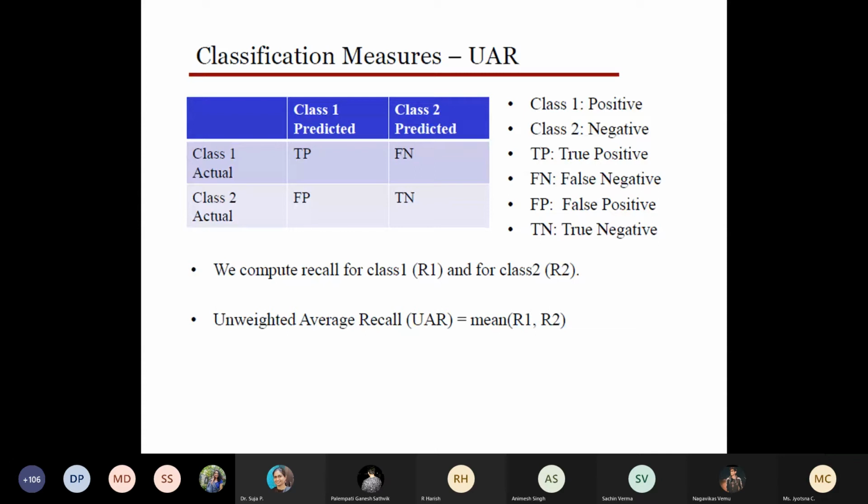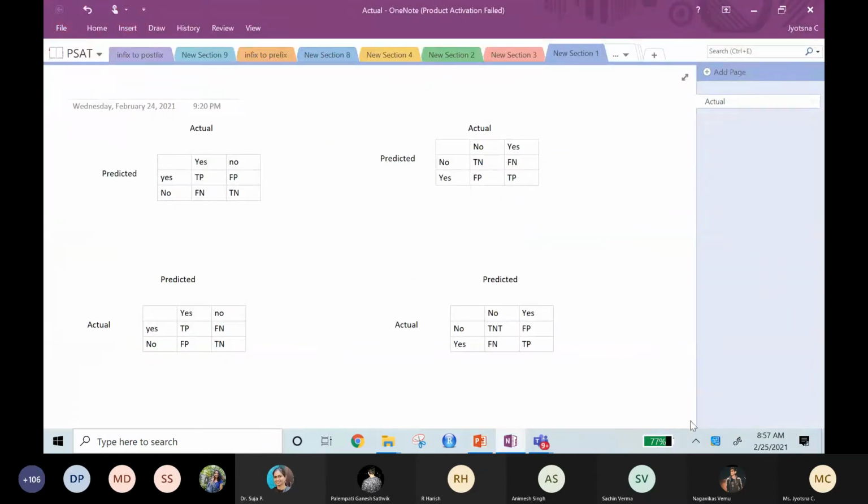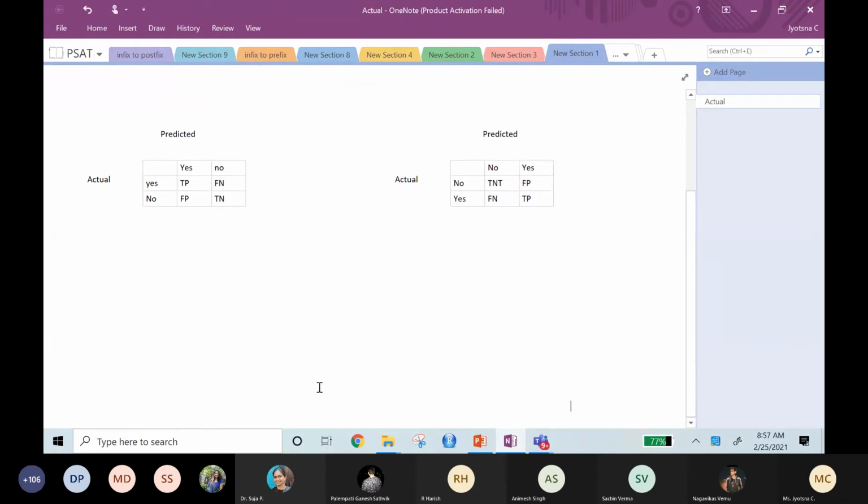10,000 samples have been collected. From that, 100 have been identified as cancer patients.